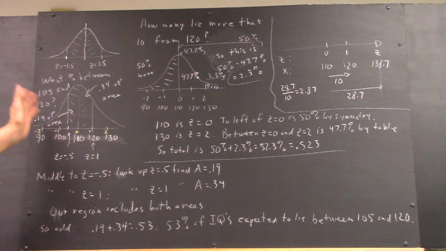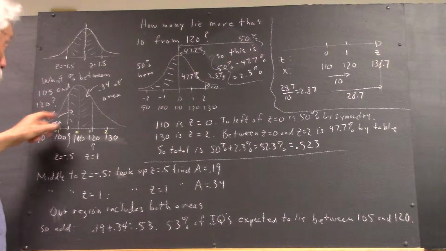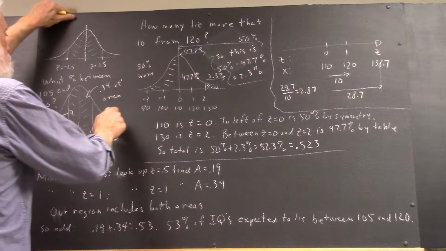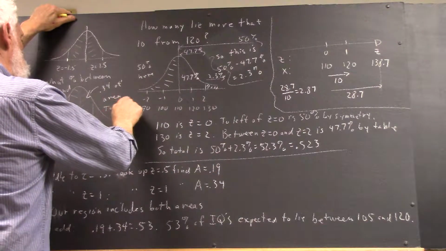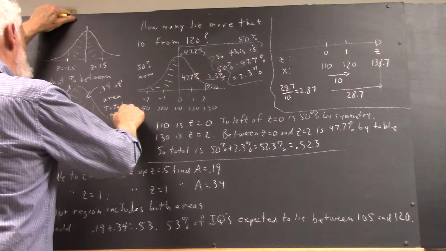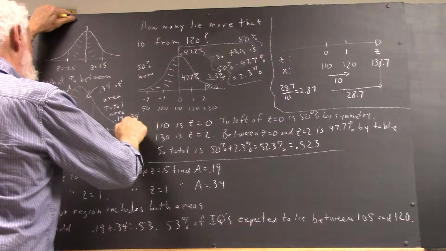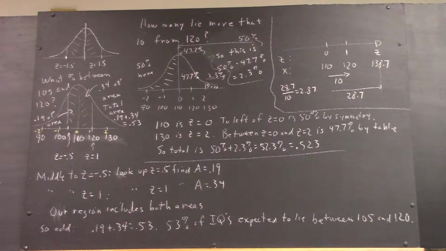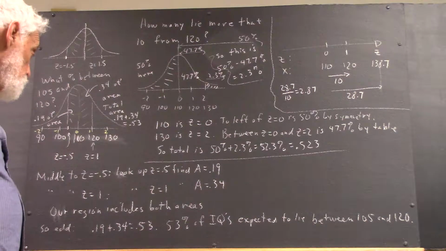Well, there's no overlap between these, but you've got them both, so you just add the 0.19 and the 0.34. Total area is 0.19 plus 0.34 or 0.53, or 53% of the total area.